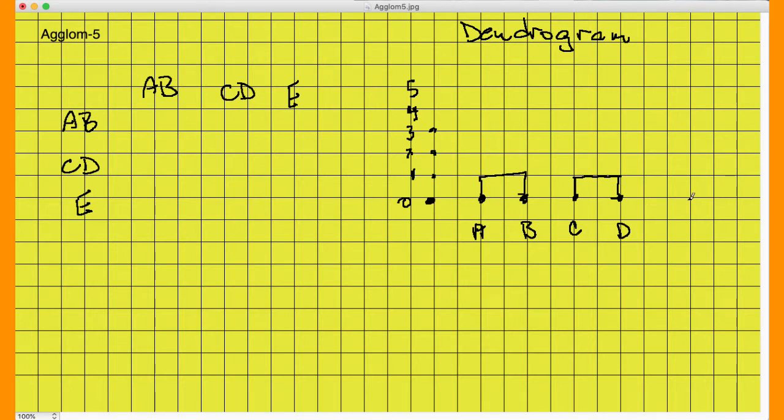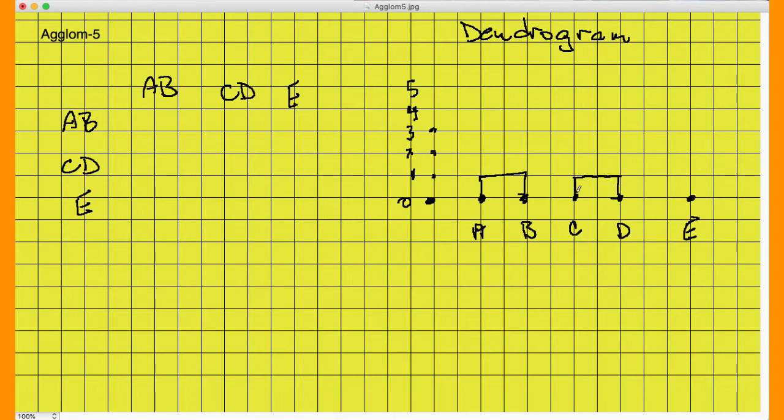We've got this point E that's just sitting out here, and two of the three sets that we're considering are already clusters. So we have to talk about what we mean when we say how far away one cluster is from another, and what we mean when we talk about how far a point is from a cluster.